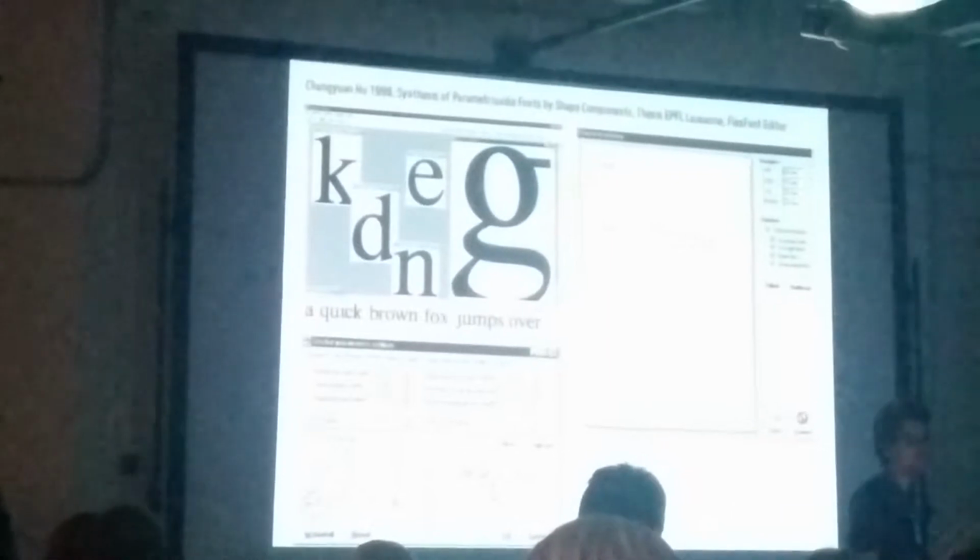Another mathematical approach to type design, to parametric type design, was this thesis in the field of mathematics, where you again had some parts of letters to be connected together. Also, the first system is just to show one example here. You can be sure there are 10 or 20 or 50 similar approaches.